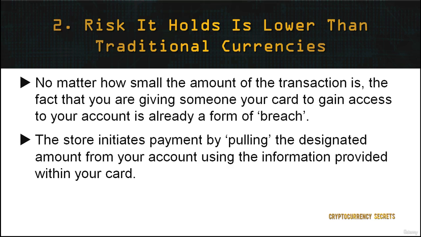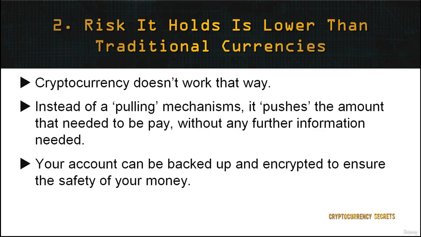Most of this breach is considered secure nowadays using different safety measures like PIN-enabled or pay-wave methods. Then the store initiates payment by pulling the designated amount from your account using the information provided within your card. Cryptocurrency doesn't work that way. Instead of a pulling mechanism, it pushes the amount that's needed to pay or receive to other cryptocurrency holders without any further information needed.